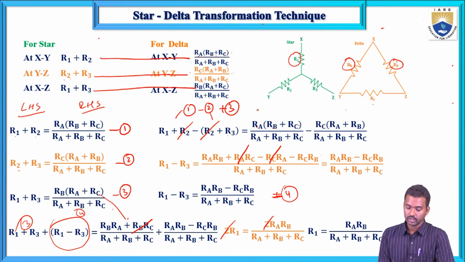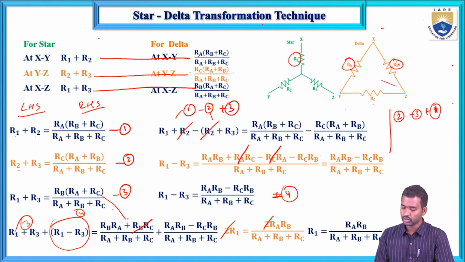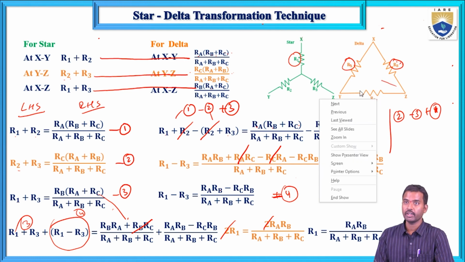If you do this, and next case 2 minus 3 plus 1, you will get R3 equals RB into RC divided by RA plus RB plus RC.